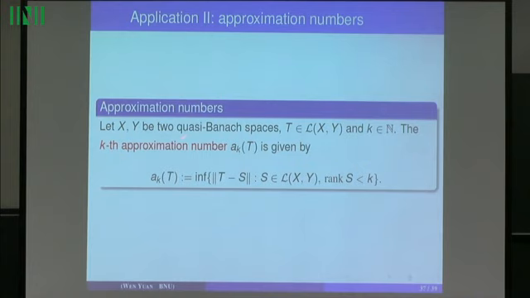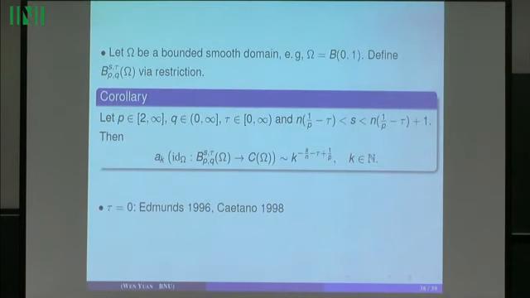If X, Y are two Banach spaces and T is a bounded operator from X to Y, then the k-th approximation number a_k is defined as an infimum of this one. We use operators with rank smaller than k to approximate the operator T. So for our last result, because it's known that the approximation number can be dominated by the continuity envelopes, using our previous results on the estimate of continuity envelopes, we can finally get this one.